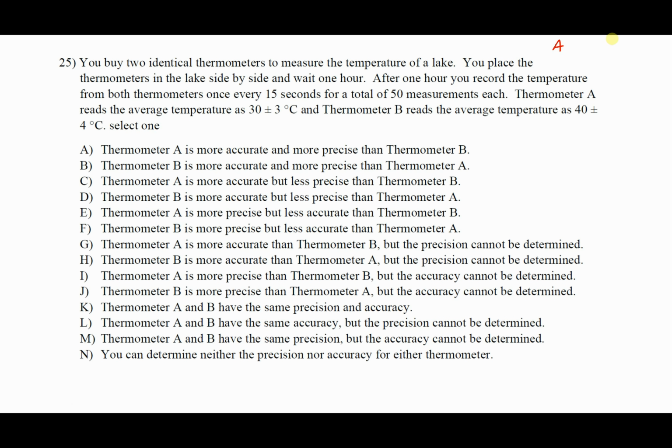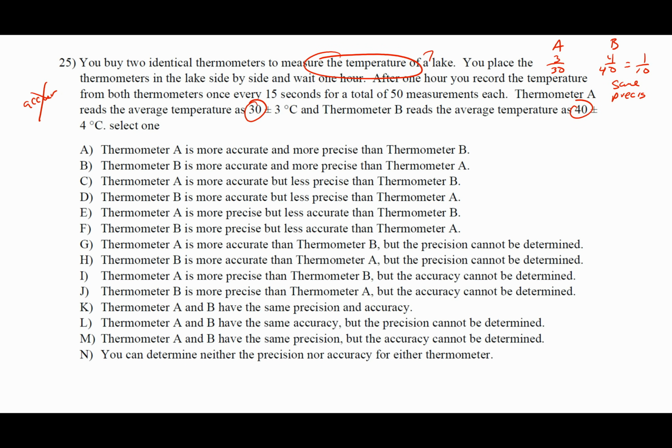We can calculate the standard deviation for thermometer A and thermometer B, and we can see that they both equal 1 over 10, right? So they both have the same percent standard deviation, which means they have the same precision, right? Now, what about their accuracy? Well, we have to know what the real temperature of the lake is. It's not given, so you cannot calculate the accuracy.